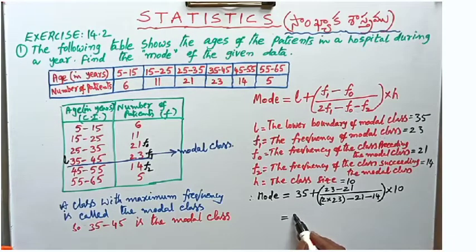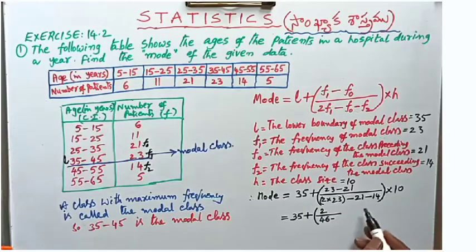Now do the simplification: 35 plus (23 minus 21) which is 2, by (2 into 23 is 46, minus 21 minus 14 which is 35), into 10. So that equals 35 plus 2 into 10, 20, by 46 minus 35, 11.